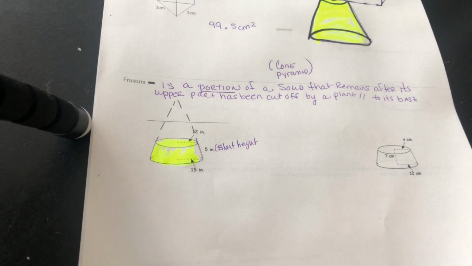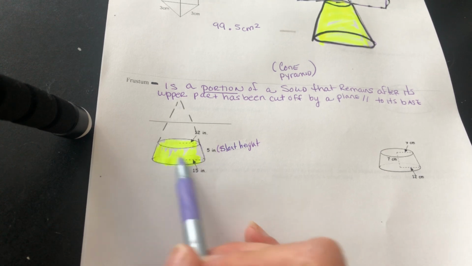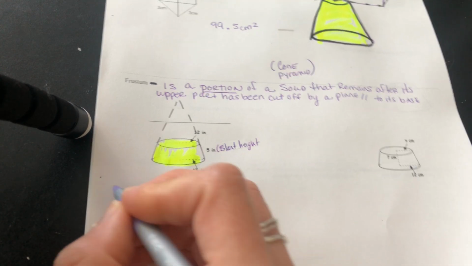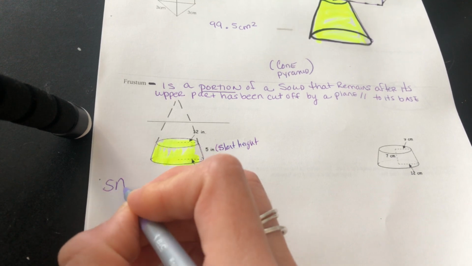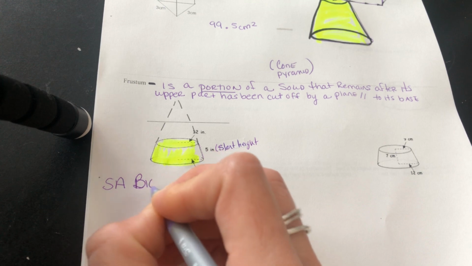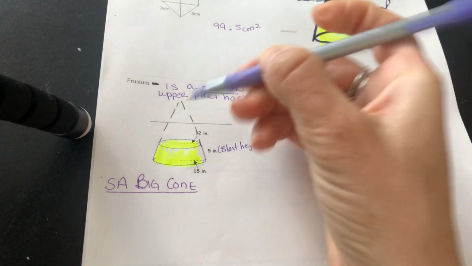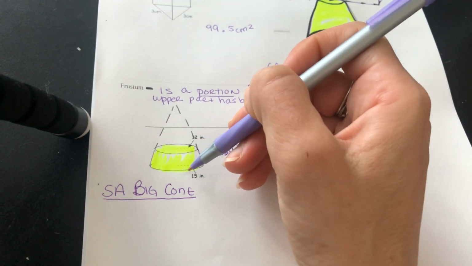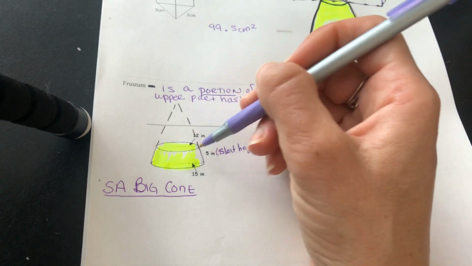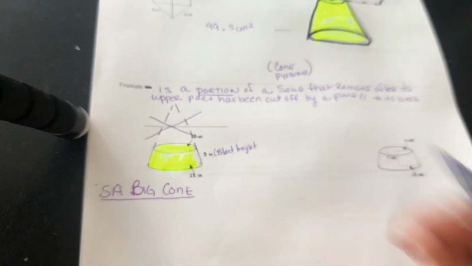So why don't we write how we would do this? Because there's nothing to find this. So here's what you're going to do. If I took the surface area, SA is your surface area of the big cone. So I'm going to take your surface area of the big cone because that's going to include the bottom, and that's including everything. Okay, and then think about this. I want to get rid of that.